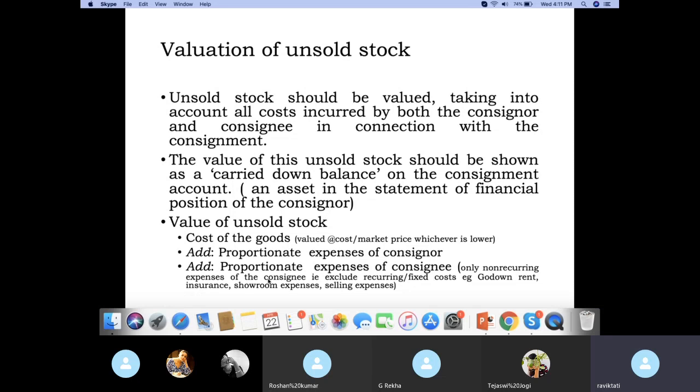Only non-recurring, direct expenses of the consignee, that is, exclude recurring expenses like rent, insurance, selling and other expenses. All expenses of the consignor are direct, and the expenses of the consignee are two types, direct and indirect. You will take only direct expenses, which are non-recurring in nature.